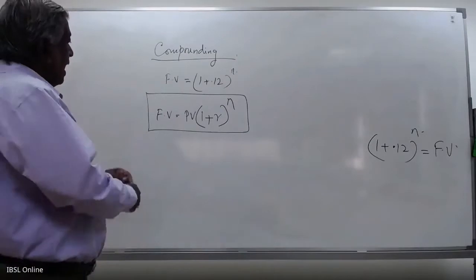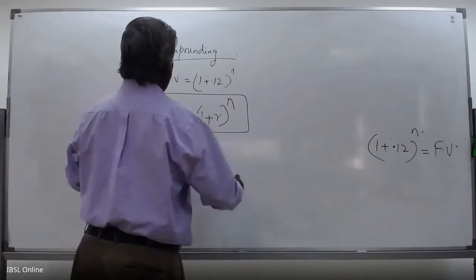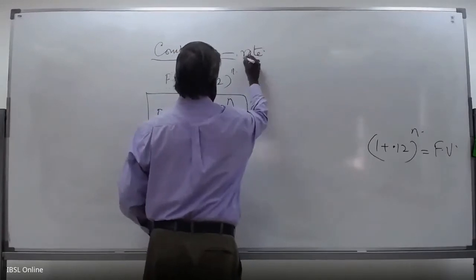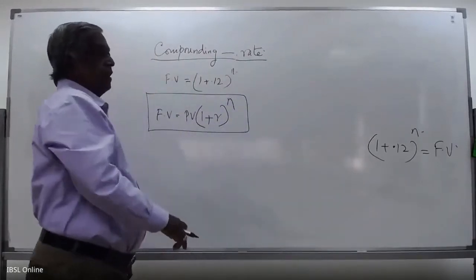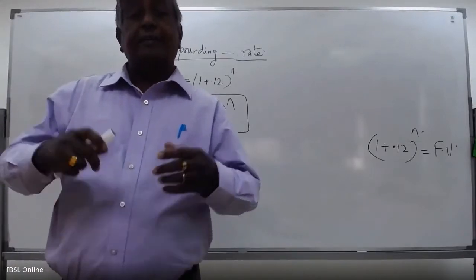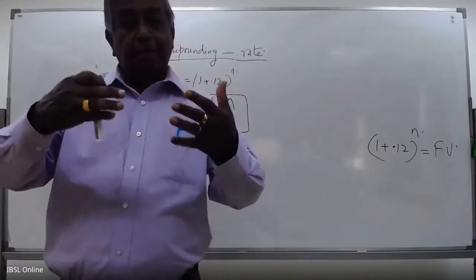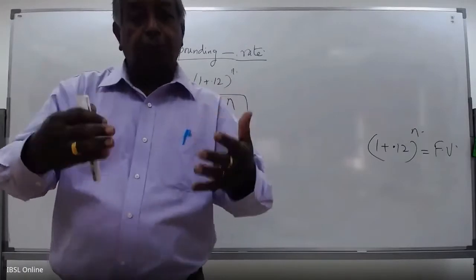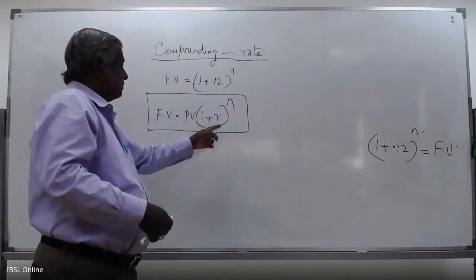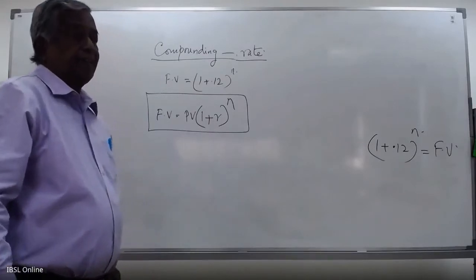Here R is the compounding rate. What is the compounding rate? The compounding rate is the interest rate applied in the technique of compounding.